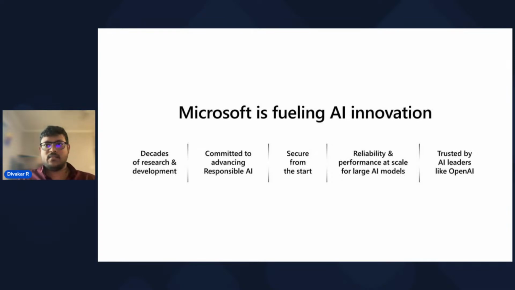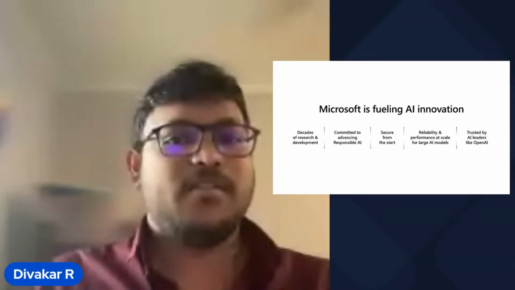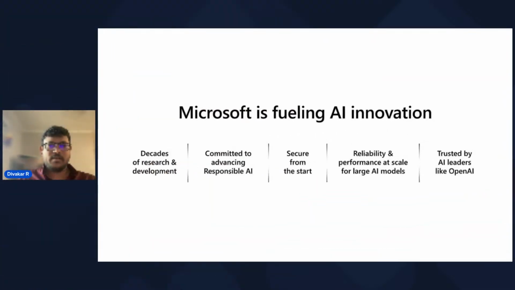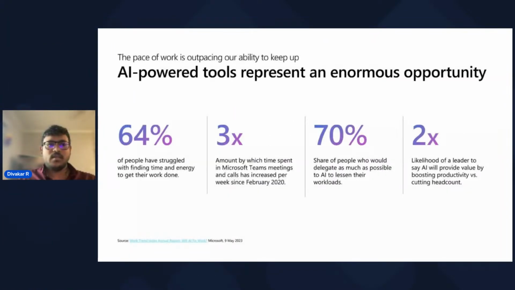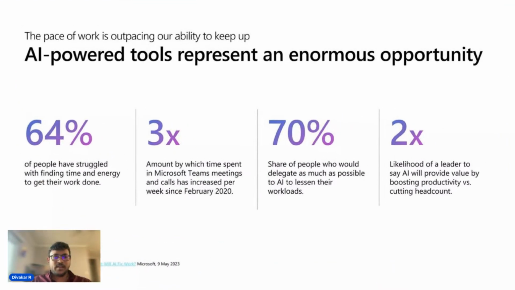So I believe everyone would have already used GitHub Copilot and ChatGPT, all these things. Microsoft has been fueling a lot of innovations into it, and we are just going to explore more about it. As of 2023, it's said that around 64 percent of the workforce has been improved with AI infrastructures.